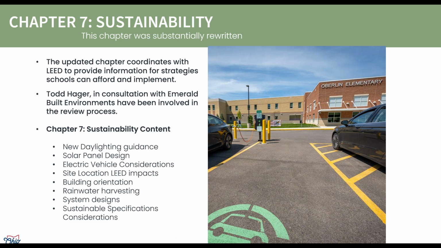But what we have found is we need to shift the emphasis a little bit on things that we know are working well, and things that maybe aren't as attainable as they used to be. One of the big things that came out of this was that the current chapter has a lot of information on daylighting.